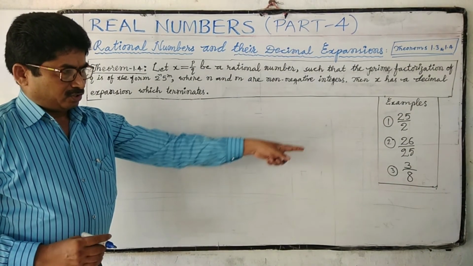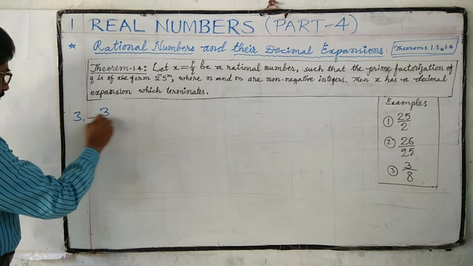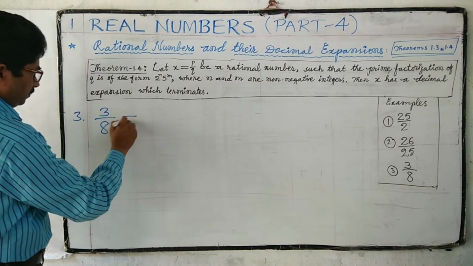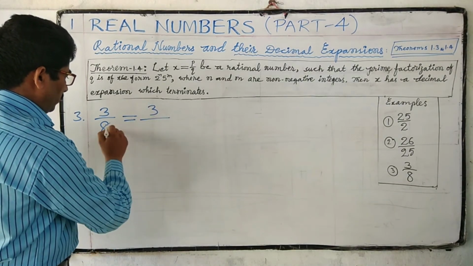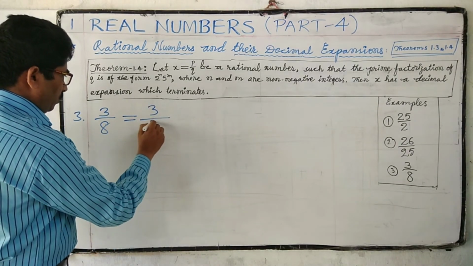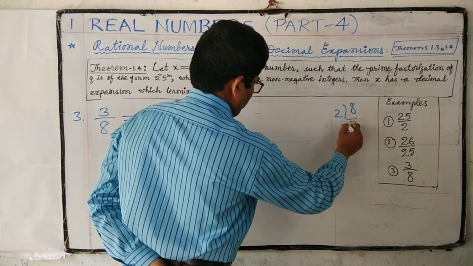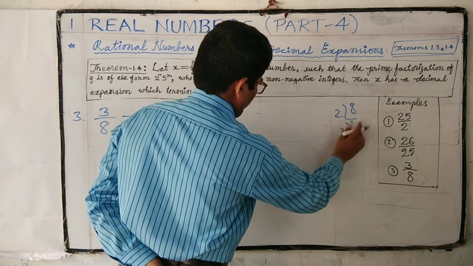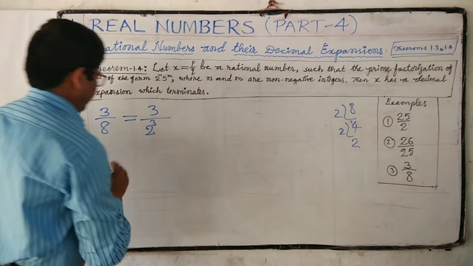Next, third example, 3 by 8. 8 is 2 cube.